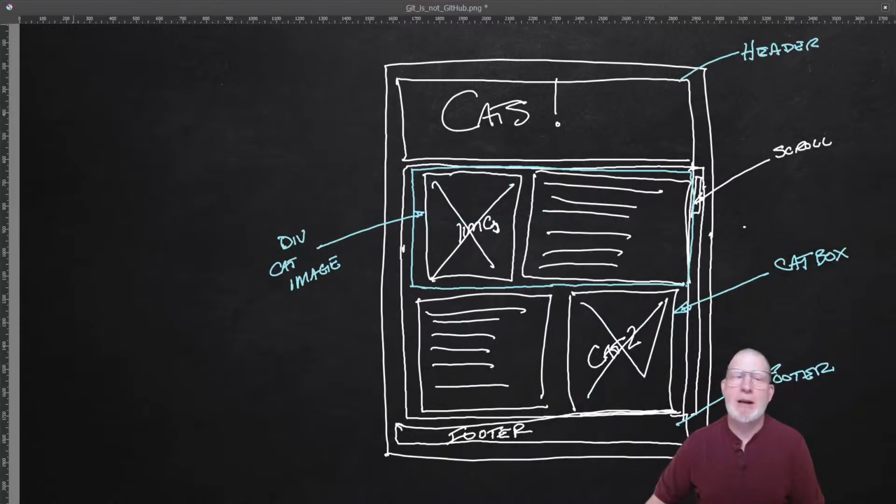So here's my diagram. Over in the live share, I'm going to add that's my header. There's my footer. Here's my main content.